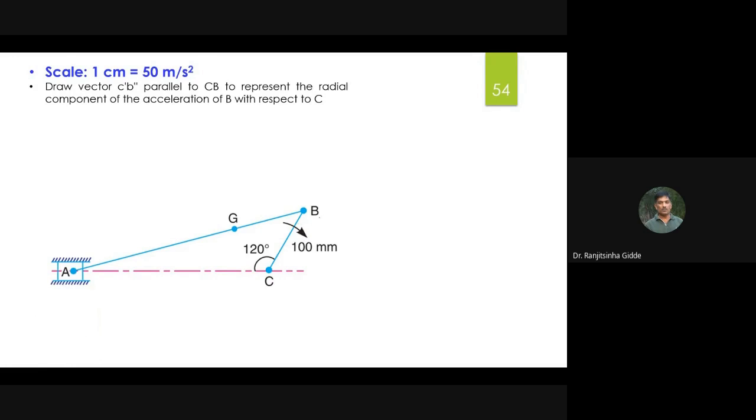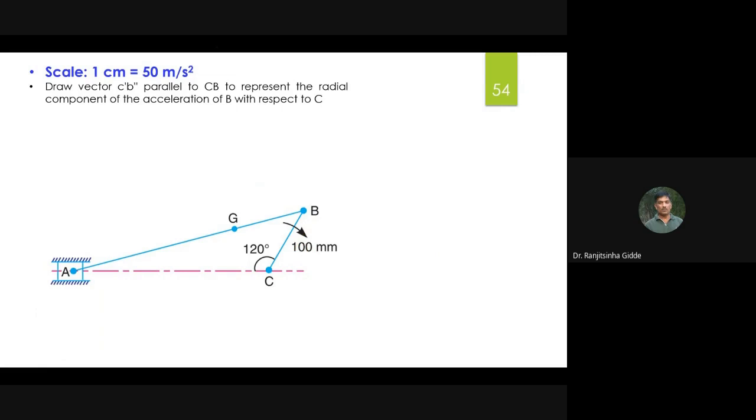This link has two components, one parallel and another perpendicular. So this is tangential and this one is radial. Simply, when a link is given, one component is parallel and another component is perpendicular, that we are going to draw.